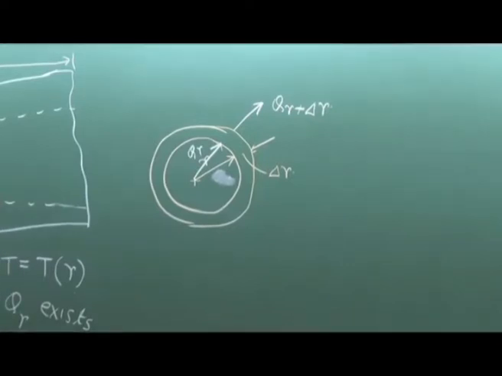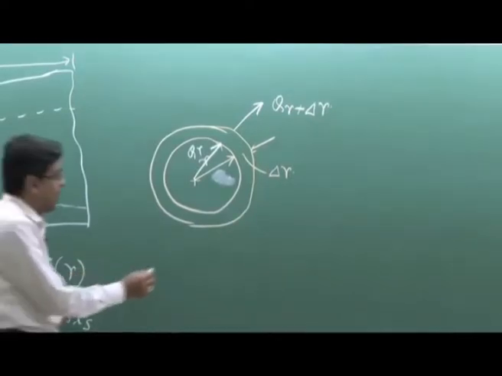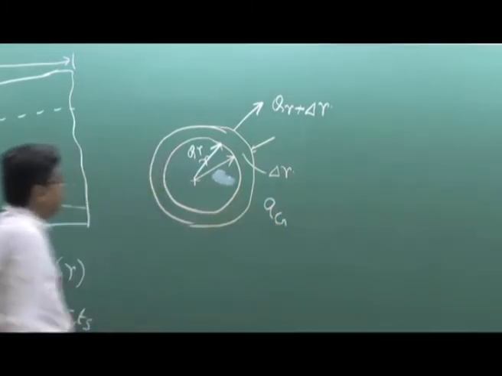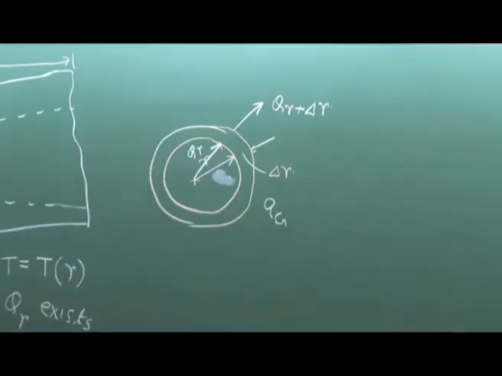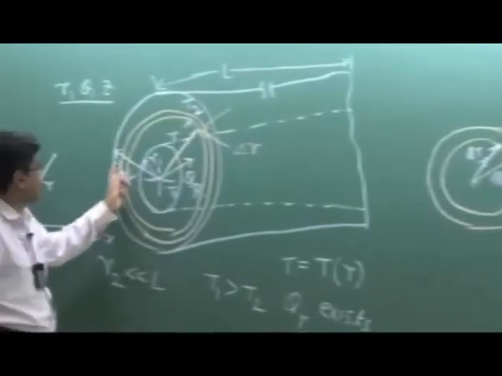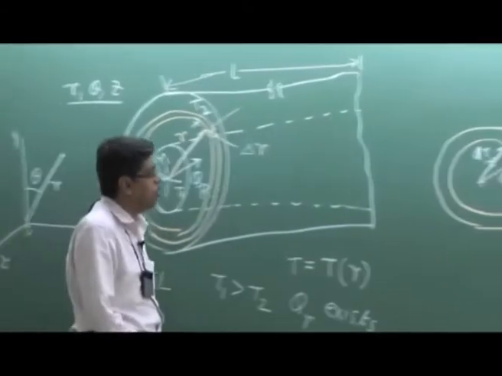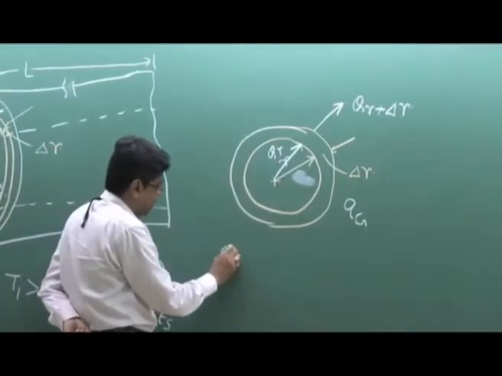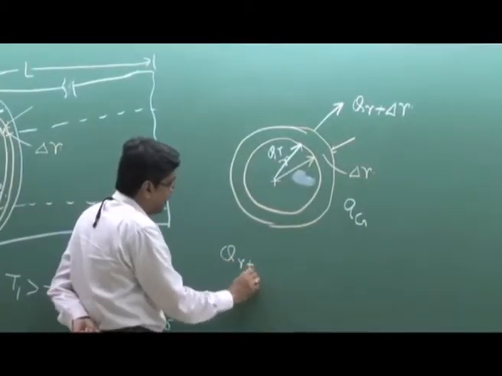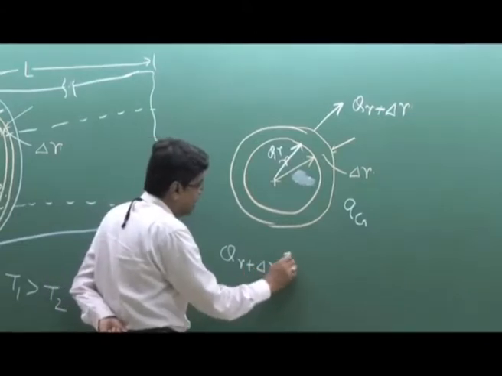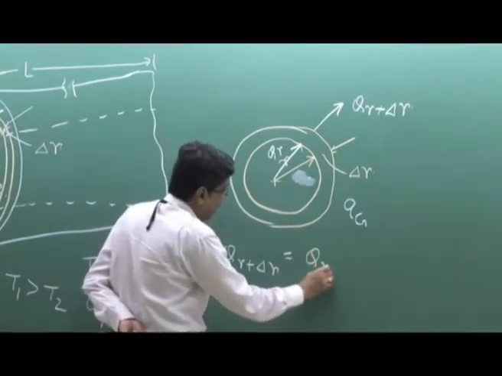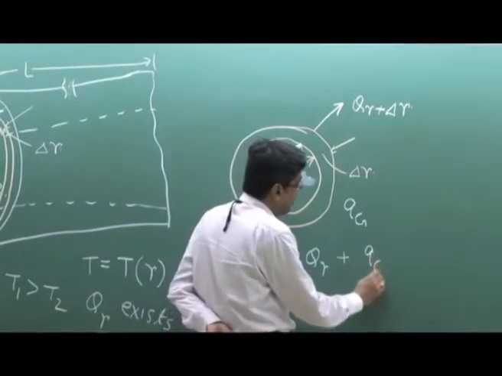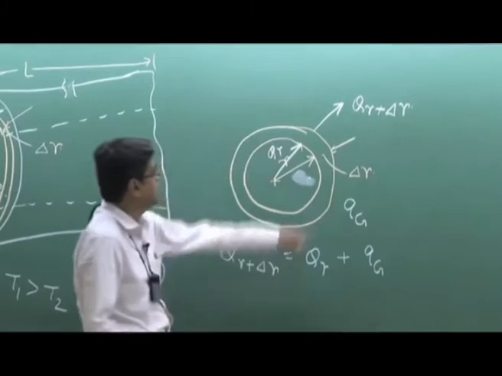The equation is very simple. If we consider a heat generation per unit volume Qg within this cylindrical wall, which extends from R1 to R2, then for this elemental ring, I can write that QR plus delta R at steady state is QR plus Qg times the volume of this element.